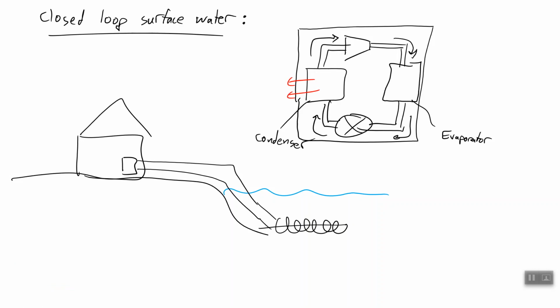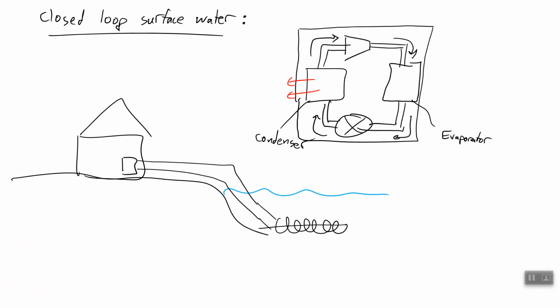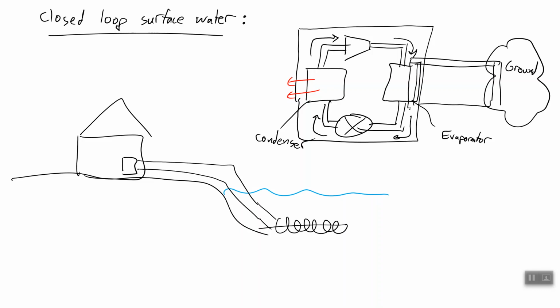Now traditionally we would be putting heat into this evaporator, right? But how are we going to put that heat into the evaporator when the heat is like 150 feet underground? So if this is the ground, then we have a separate loop, like what we've been talking about, that brings that heat to the evaporator and exchanges heat with the evaporator.